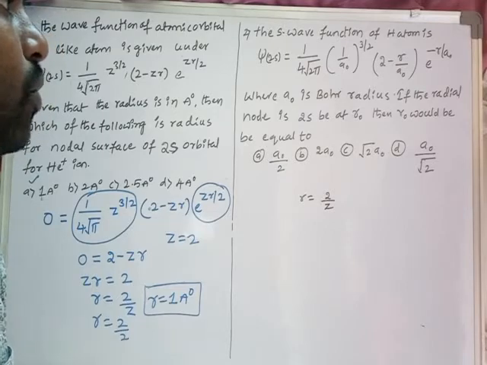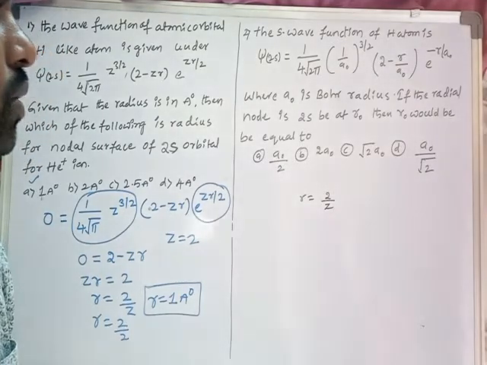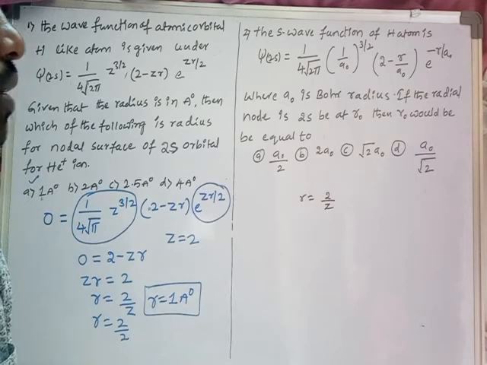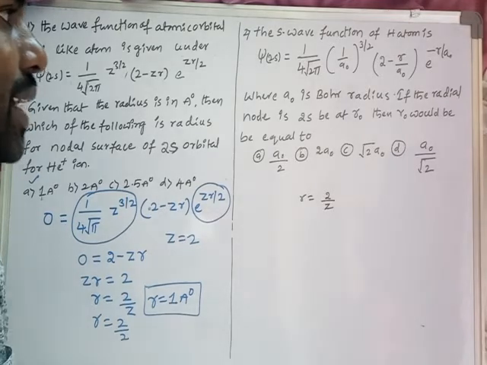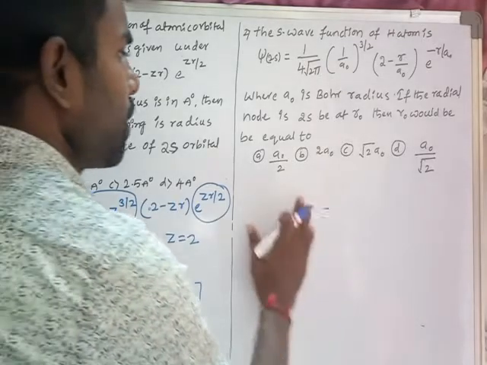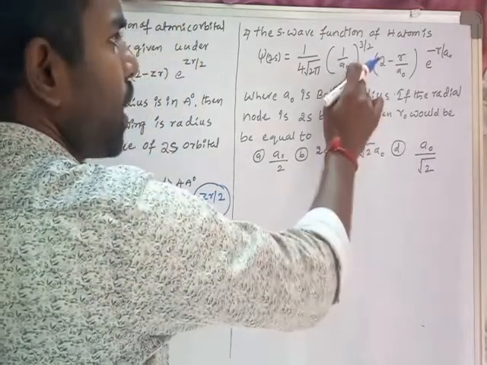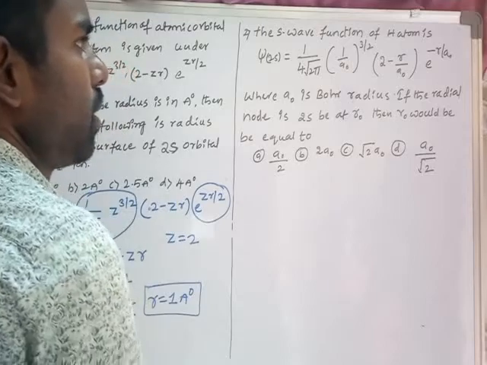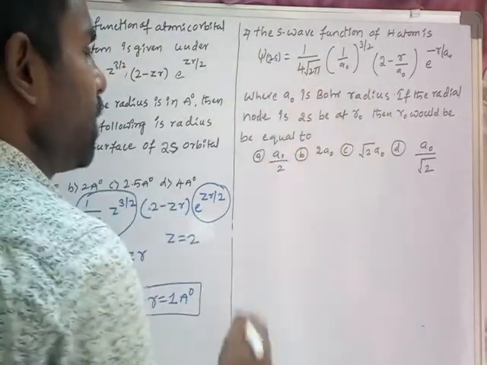When r0 would be equal to... means indirectly they are asking what? Radial node. At what distance can we identify the radial node? Now see here, so here also they have given the radial wave function. So here for node the psi must be equal to 0.